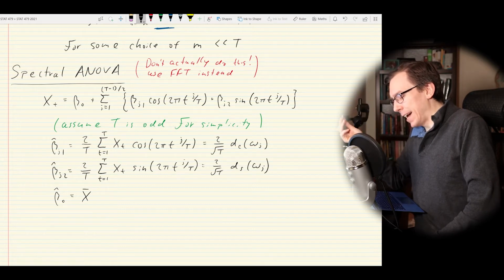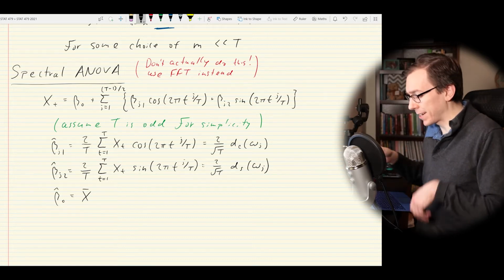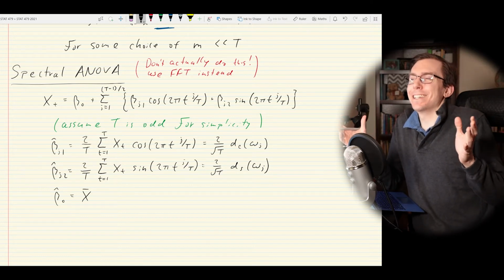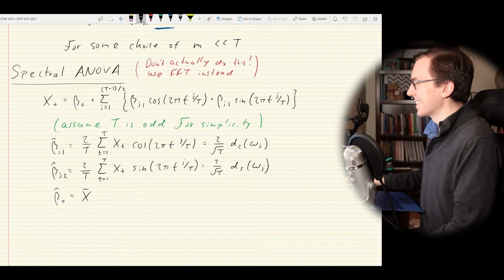Now, when we do that, we can use least squares and calculate the coefficients that would recreate our data exactly. And again, these coefficients are really just dot products between the data vector and either a cosine or a sine vector. I mean, all of linear regression is just dot products and linear algebra, right?